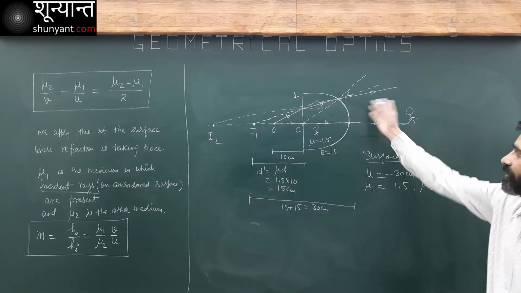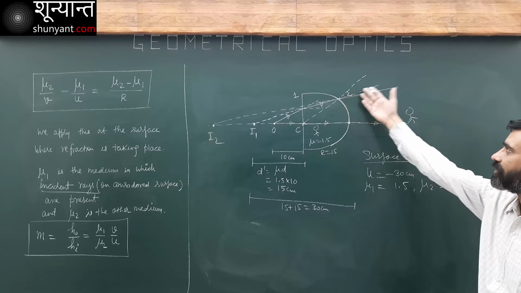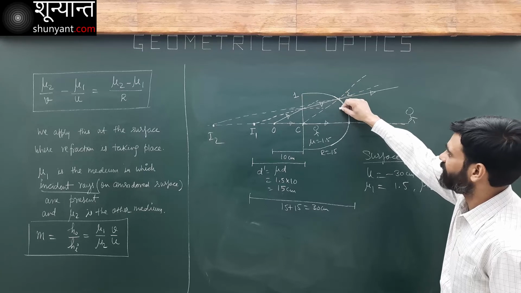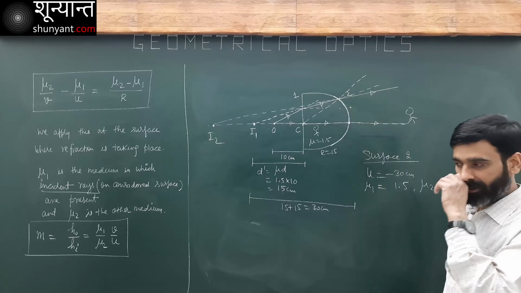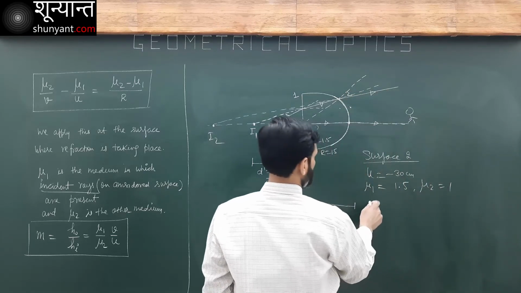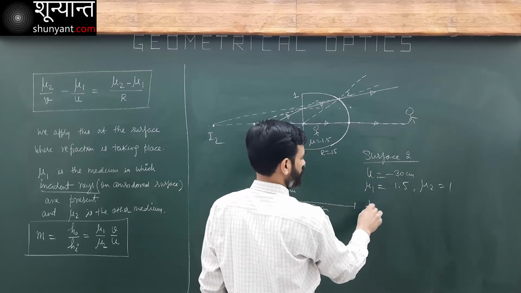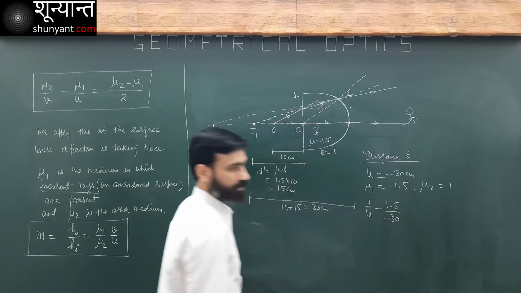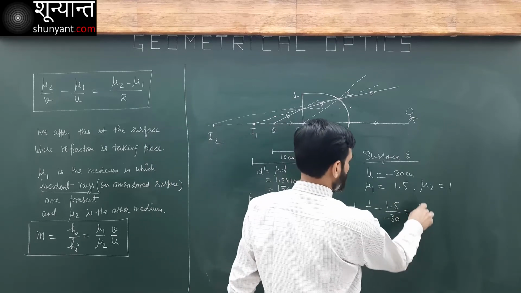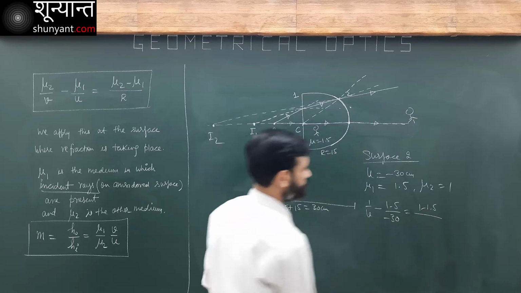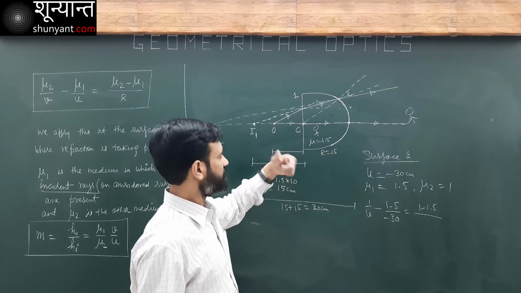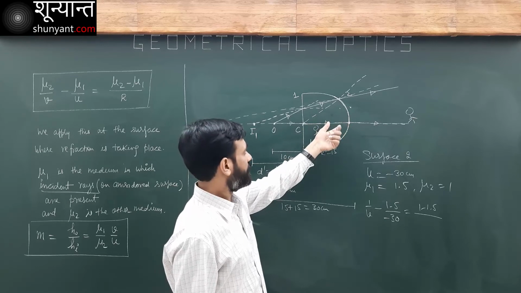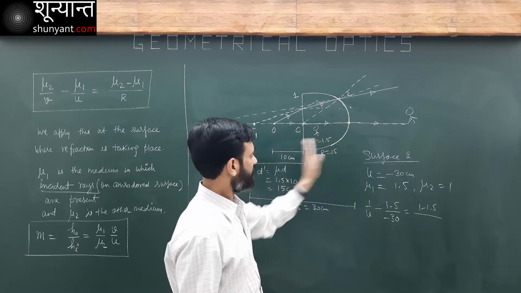Then the other medium becomes mu2. What is the other medium? The light is going into the other medium. At this surface, refraction is taking place. This is one medium, this is the other medium. So mu2 over v, 1 over v minus 1.5 over minus 30, is going to be equal to 1 minus 1.5 over R. For this surface, the radius is to the left.